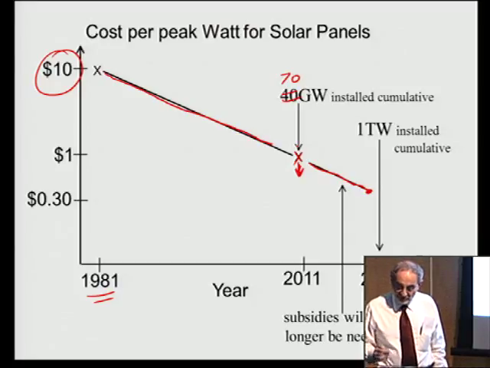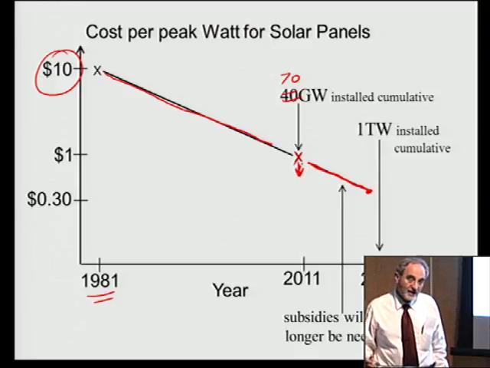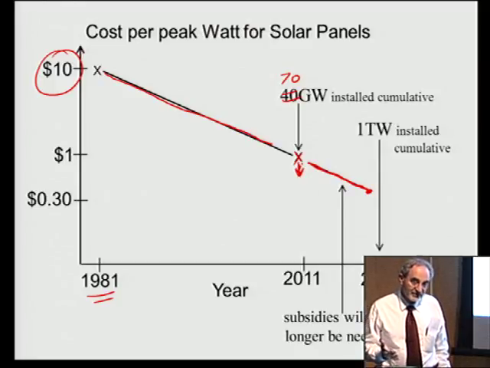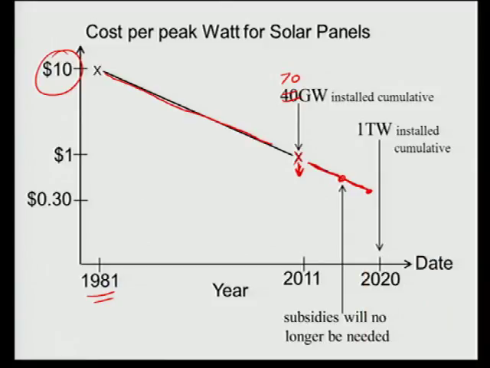So what would have required 10 years of technical progress seems to have occurred in 1 year as a result of over-subsidy in China, excess production subsidies. But in any case, there is the hope that in the next 5 years, the subsidies will not be needed. And there is a projection, I don't know if this will happen, but it seems likely, that there will be 1 terawatt of solar panels installed by 2020.